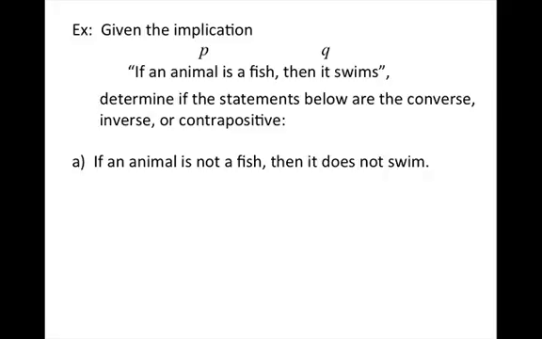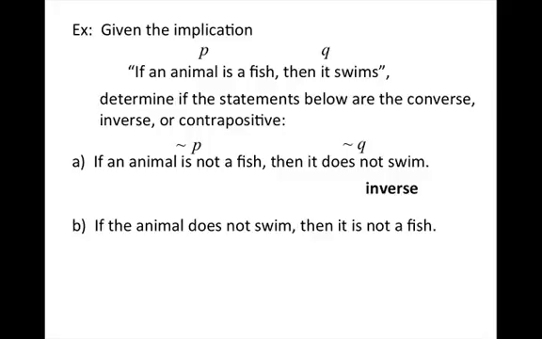That's the negation of P, so that's not P. The second part says it does not swim. Well, it swims was our Q, so it does not swim would be not Q. So this statement is not P implies not Q. I've negated each part of the original implication, so this is the inverse.